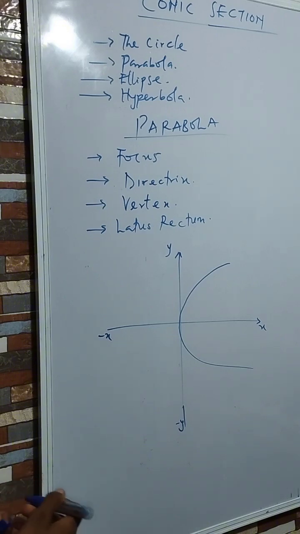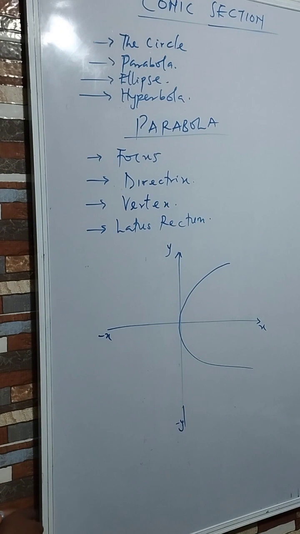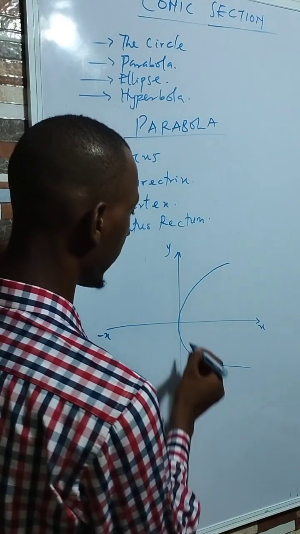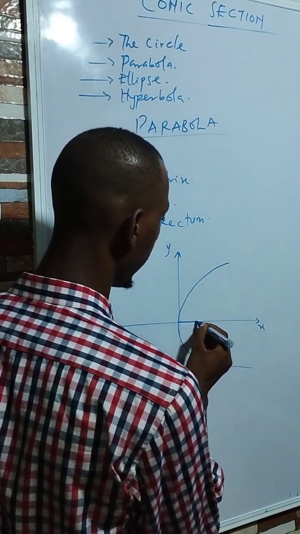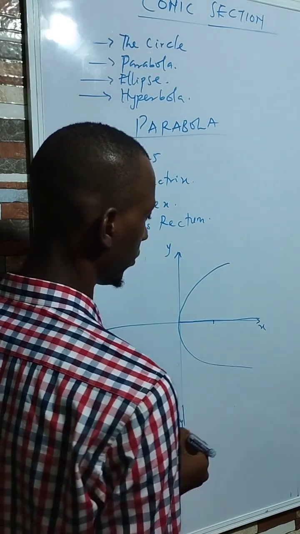Now, consider the focus. I said the focus is a special point with reference to which any variety of curve is constructed. What do we mean by that? It simply means that I can place the focus on this particular line.